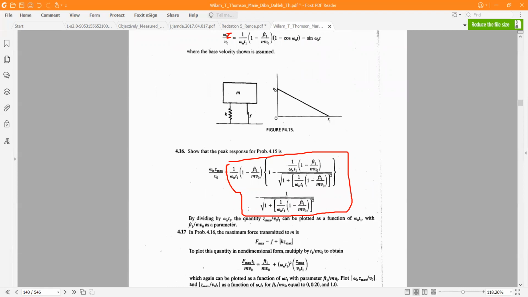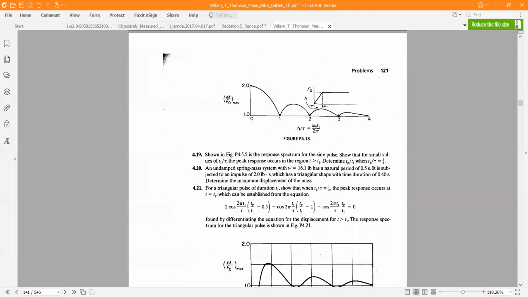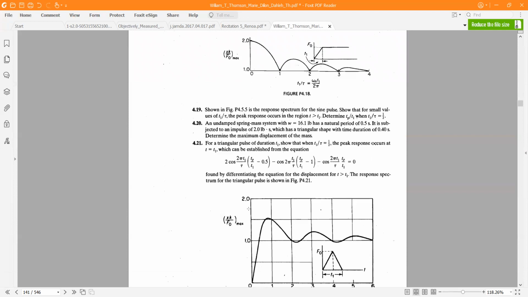Okay, so next I'm going to solve another homework problem, which is 4.21.